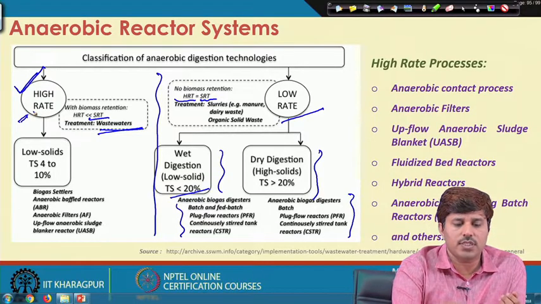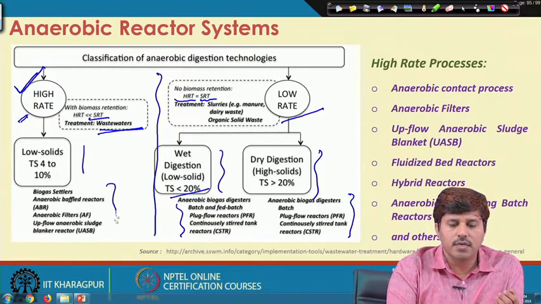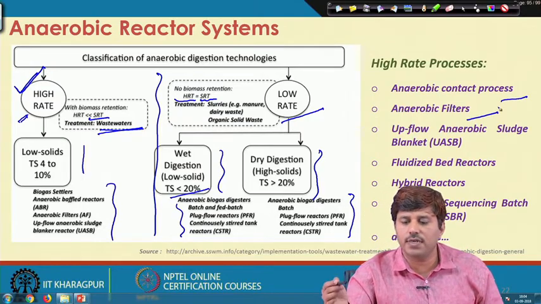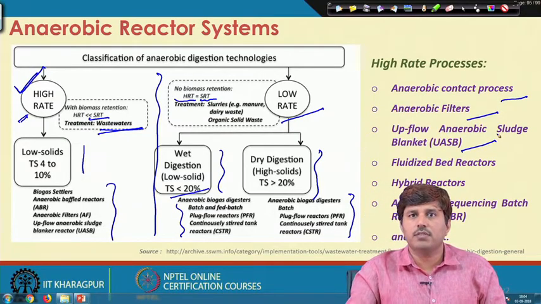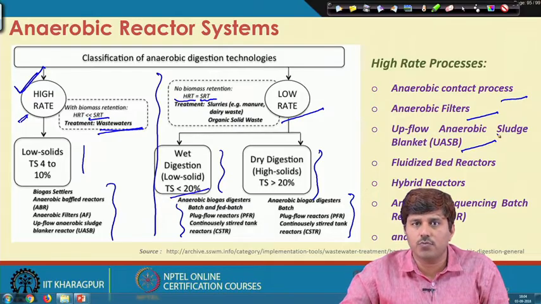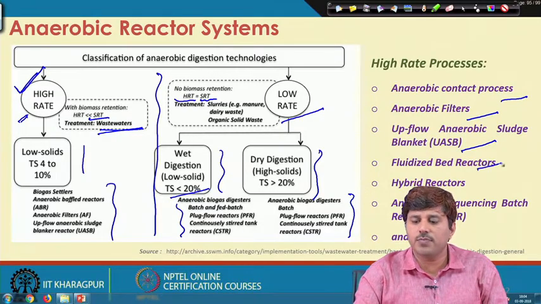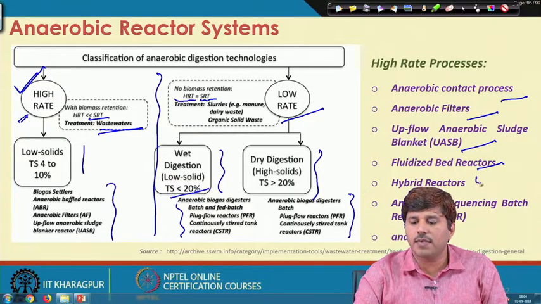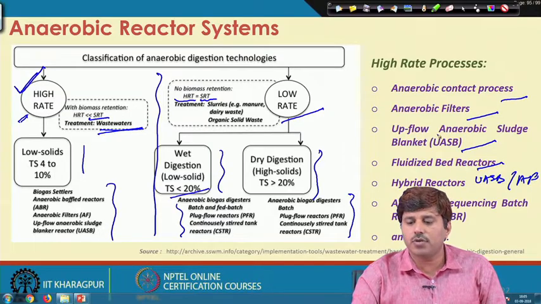That is why these processes are high rate, and they work well. There are quite a few high rate processes: anaerobic contact processes, anaerobic filters, UASB reactors, which stands for upflow anaerobic sludge blanket, fluidized bed reactors, and then hybrid reactors, meaning we can have a hybrid of, say, UASB and anaerobic filter, or UASB and anaerobic contact process.